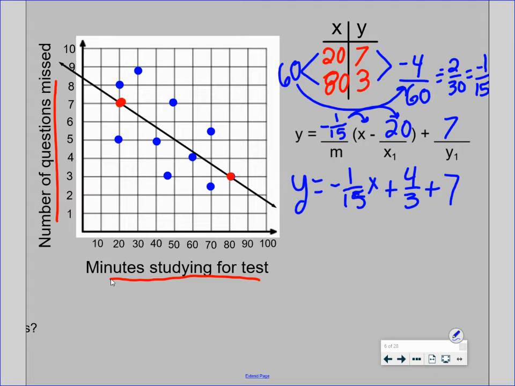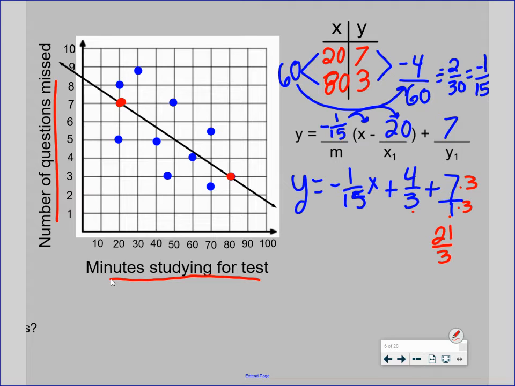When we're adding fractions, the 7 is over 1. Okay, we need to get a common denominator. What's a common denominator between 3 and 1? Well, it would be 3. So we're going to multiply both by 3. Our equivalent fraction to 7 over 1 is 21 over 3, because 21 divided by 3 is 7.